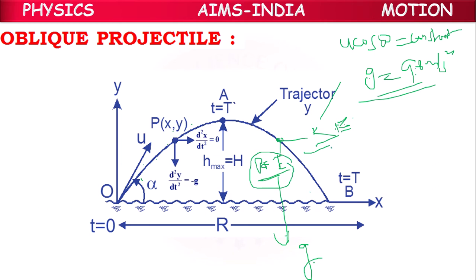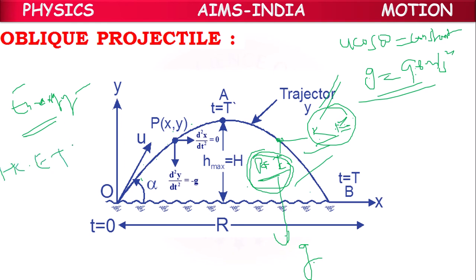So throughout the journey, the kinetic energy and the potential energy of the body will change. But we have the law of energy conservation: energy can neither be destroyed nor created, it will be conserved. Though kinetic energy may change and potential energy may change, the sum of kinetic energy plus potential energy, the mechanical energy, will not change. If kinetic energy is 40, potential energy is 10.